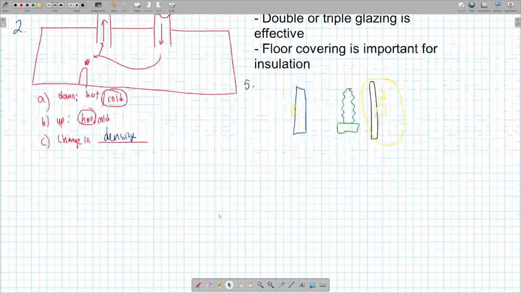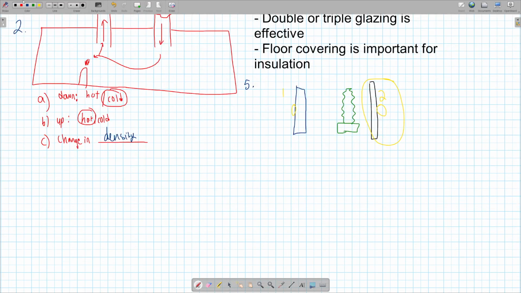Okay, then last one. Again, this one's about home insulation. What is this? I think you asked which is true. The way I have it written, the first answer is cavity. The second one is glazing. The third answer is loft.